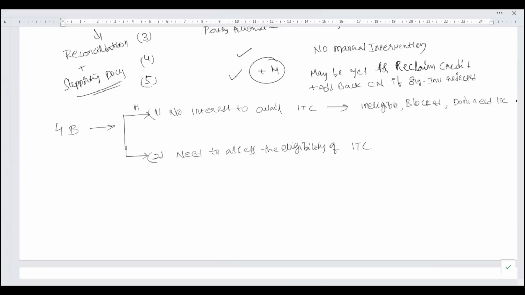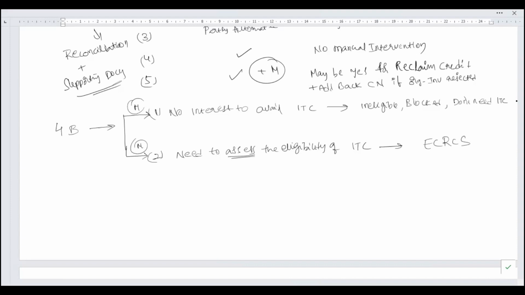Now this is where I do a manual entry. 4B2, again, this is also manual entry. I need to assess whether I'm eligible, whether I can claim the input tax credit. This is called 4B2. This is linked with your electronic credit ledger reclaimable statement, ECRCS.